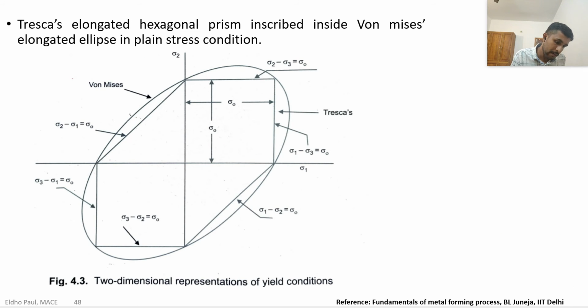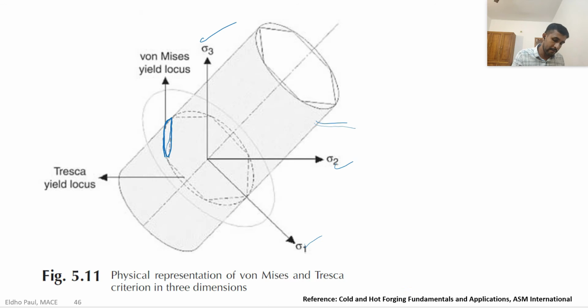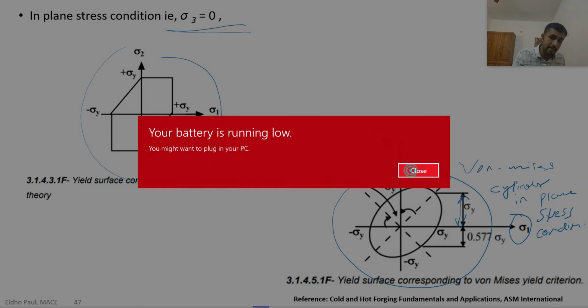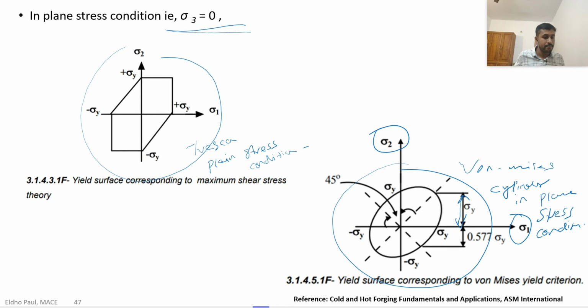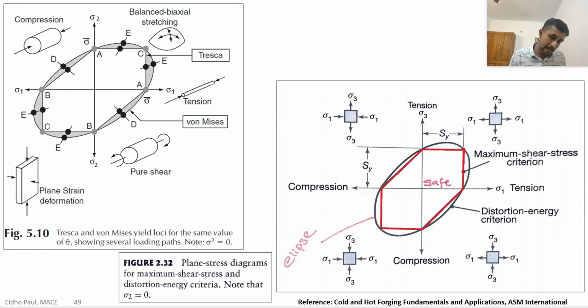In two dimensions also we can inscribe the Von Mises ellipse and we can see the Tresca hexagon. When we convert the hexagonal prism into two-dimensional or plane stress condition, it is the Tresca hexagon. So we can inscribe these two, hexagon and ellipse, and we get this image.